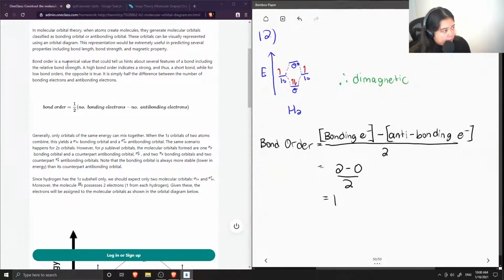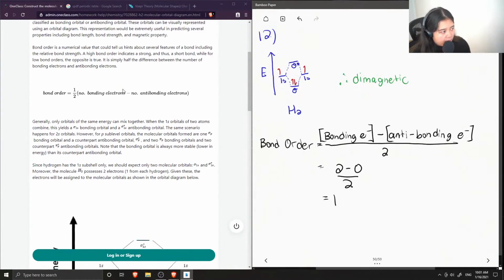Bond order is a numerical value that could tell us hints about several features of a bond, including the relative bond strength. A high bond order indicates a strong and thus short bond, while for low bond orders, the opposite is true. It is simply half the difference between the number of bonding electrons and anti-bonding electrons.